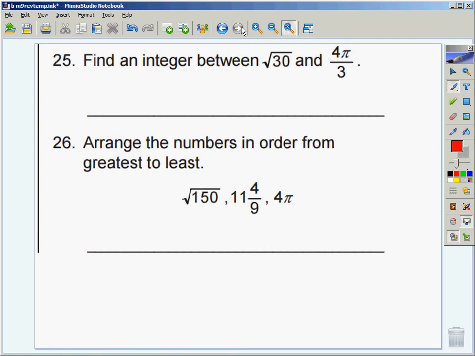Number 25, find an integer between the square root of 30 and 4 pi over 3. The square root of 30, square root of 25, square root of 36. So I know that it's between 5 and 6, and it is just a little bit closer to the 25 than it is 36, so it's probably 5.4 something. We're going to keep that in mind for a minute. 5.4. 4 pi divided by 3.